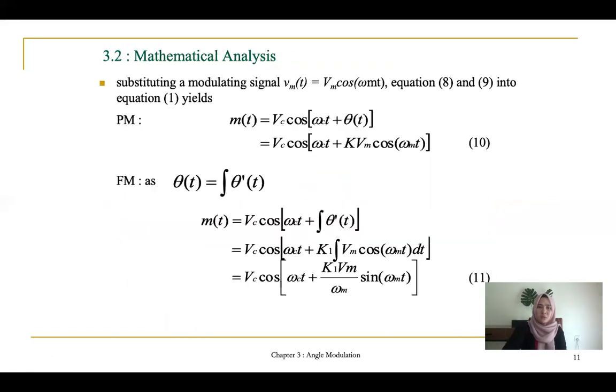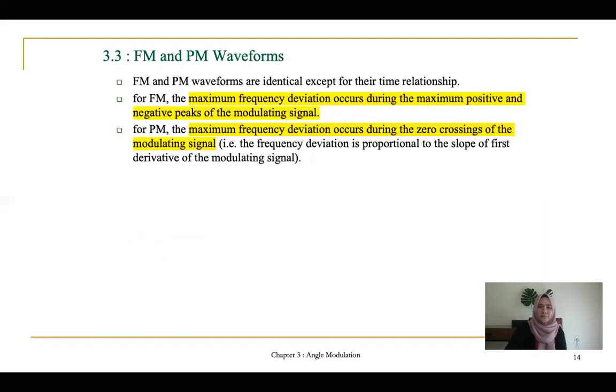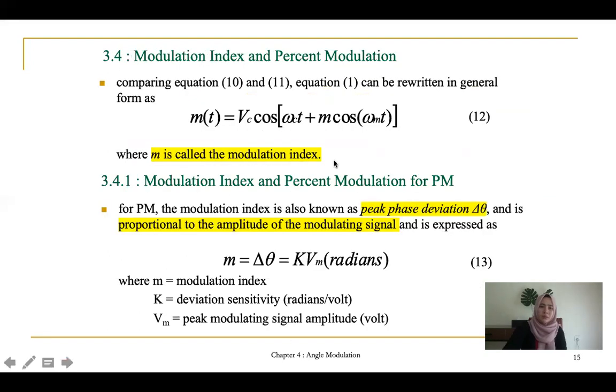Because this is actually omega ct plus m cos omega mt, so the m for phase modulation equals K Vm. So m is directly proportional to Vm, the modulating signal amplitude.